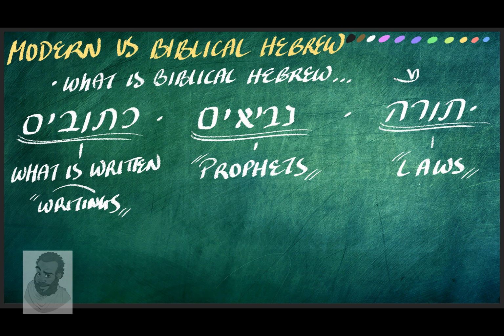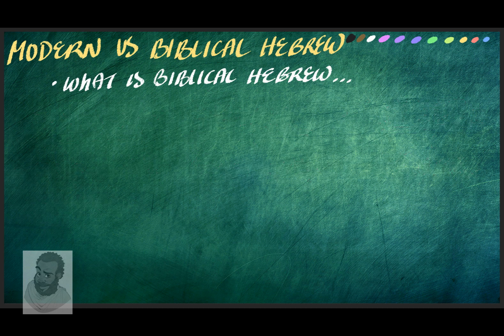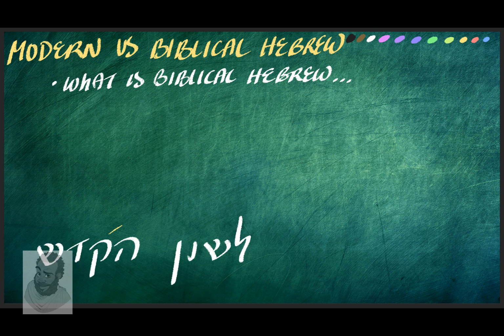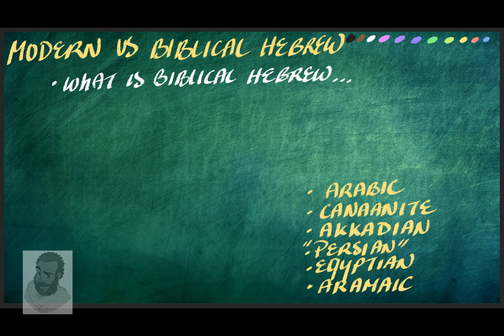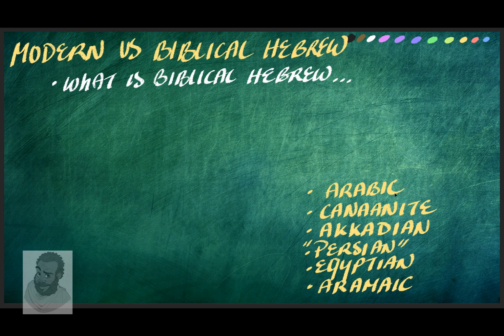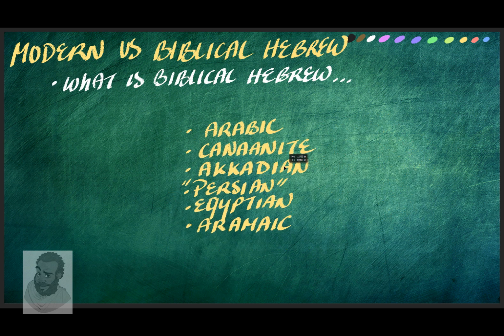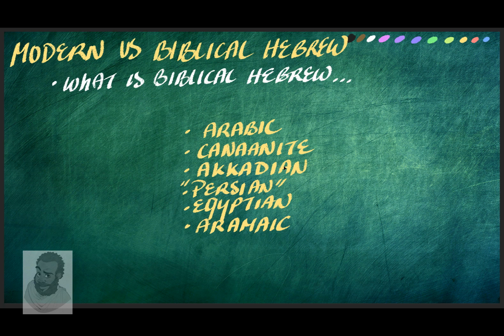There's a few more points that I would like to address though. Within biblical Hebrew, you also have to remember that because of the captivities that our foreparents were in, we've adopted certain words that are from Arabic, Canaanite.